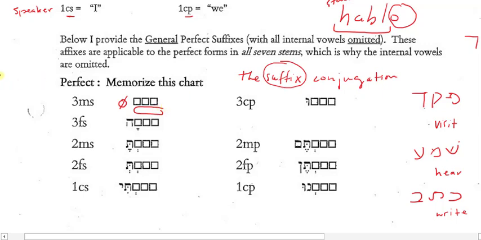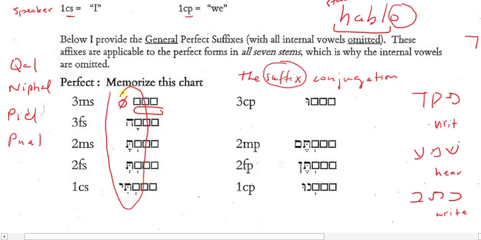The qal stem is the first one we're going to learn. Then we're going to learn the nifal stem. Then we're going to learn the piel and the pual and so forth. Each of these stems has a perfect conjugation pattern that it can follow. And here's the good news. If you learn the perfect personal endings right here, these will apply to the perfect conjugation pattern for every single stem among the 7 that we're going to learn.